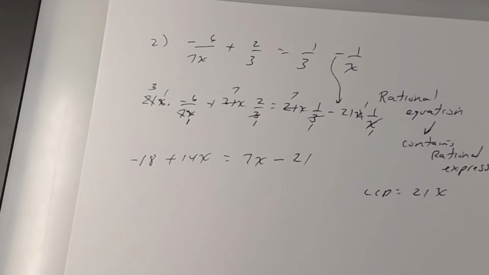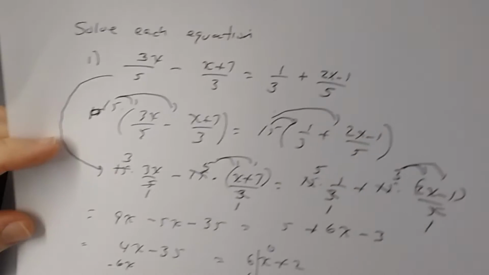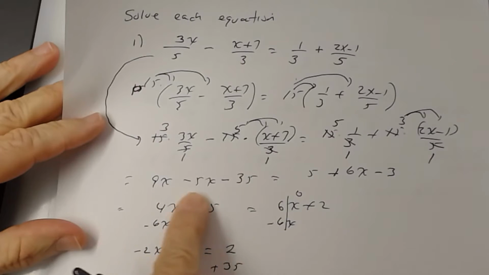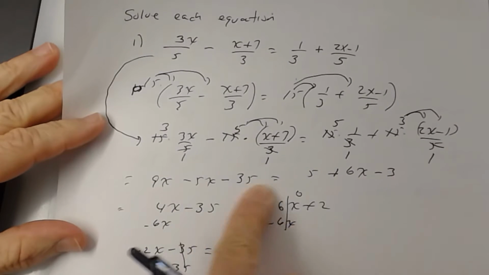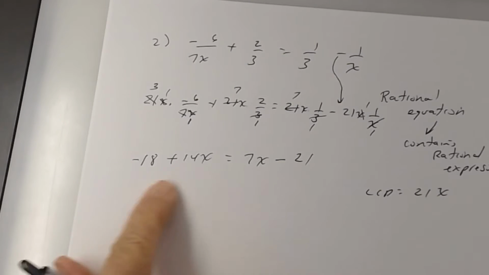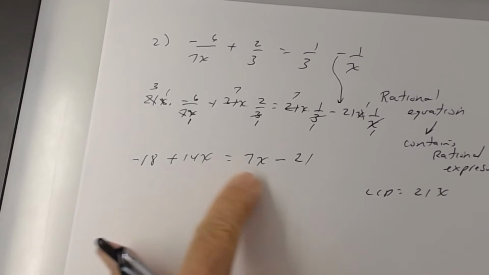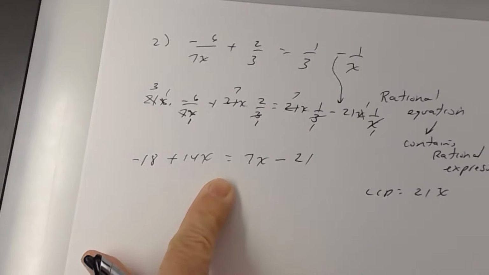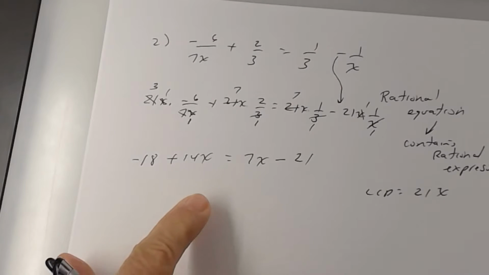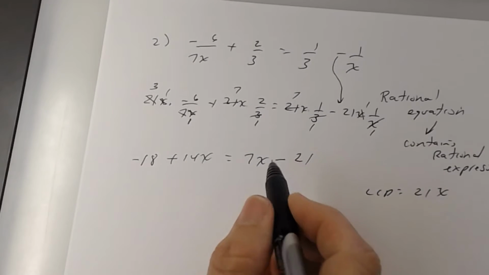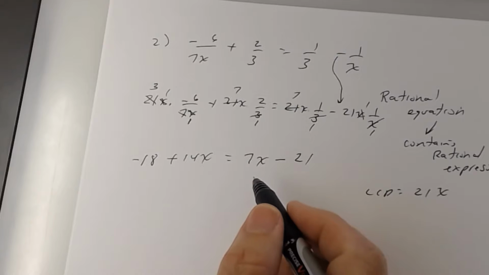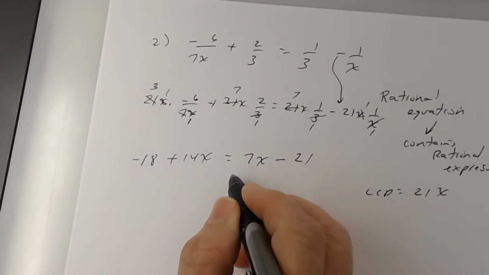Now at this point, remember when I did this one? Now I'm at this point. When I did this one, the next step was to combine like terms. Can I do that here? No, on both sides there are no like terms. So then I go to the next step. What's the next step? Let's do the variables first. What do you want to do? Subtract 7x.